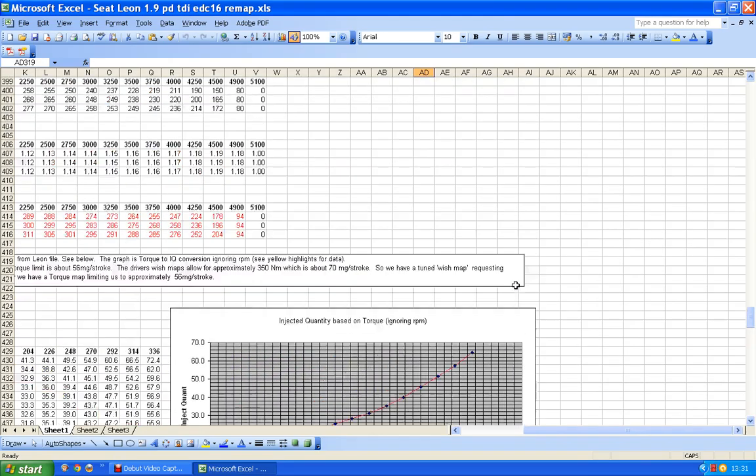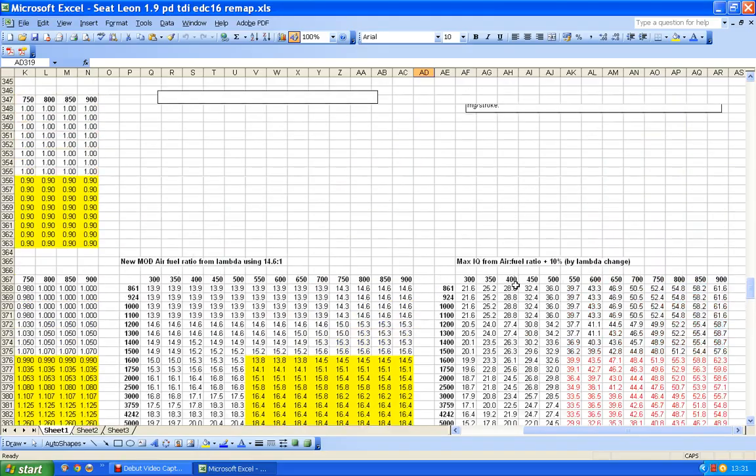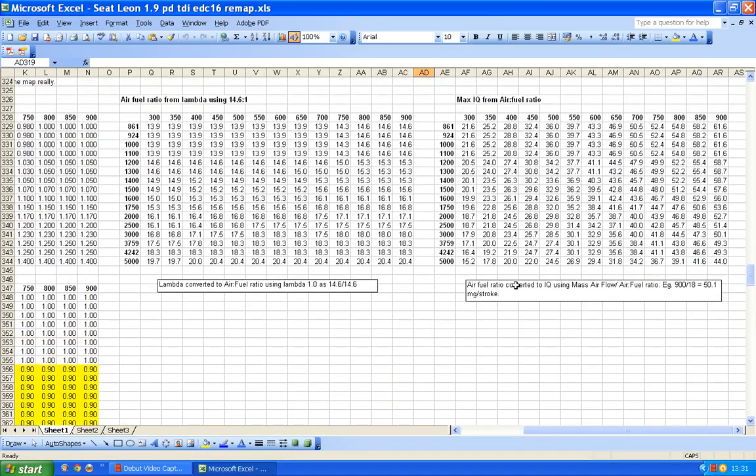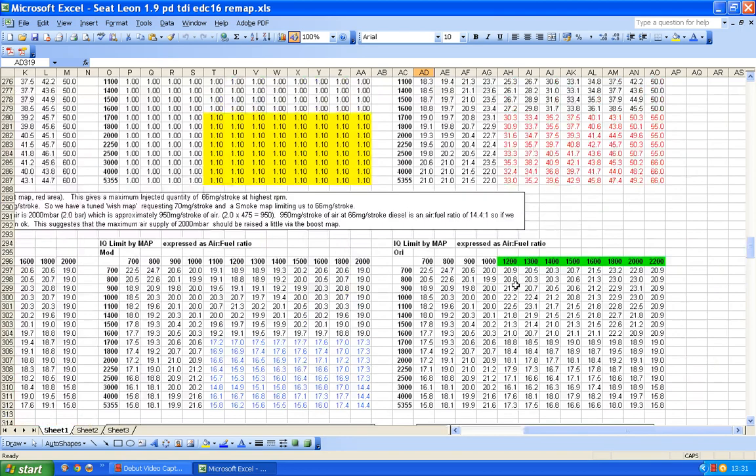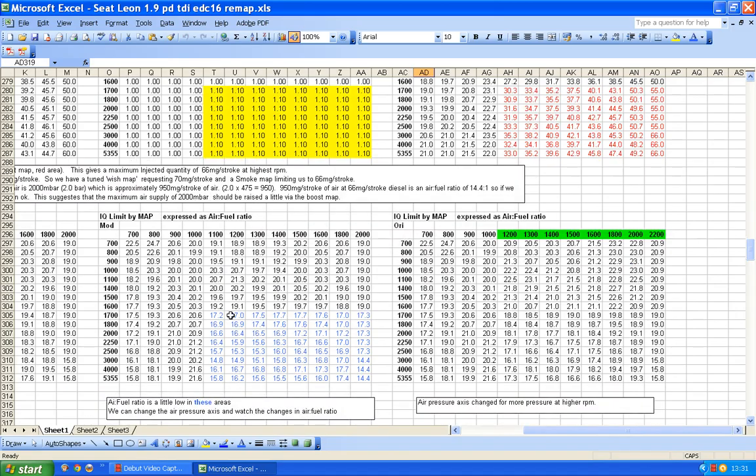And so now I've come back, and what I'm doing is I'm looking at the possibility of using that information to change the axis, because if I don't change the axis, then these values here, as we can see, are sitting in the wrong spot effectively, because I've got quite a lot of fuel, not enough air.